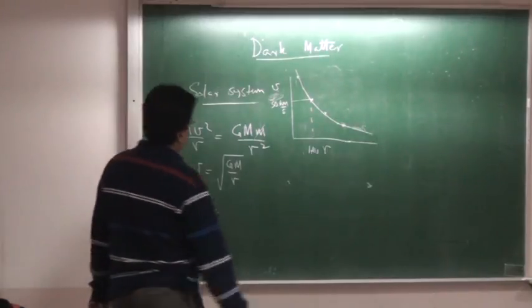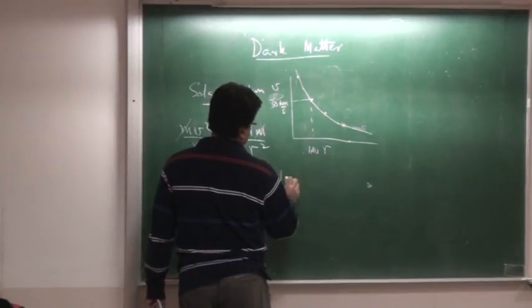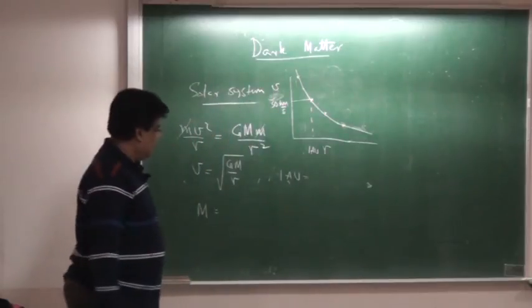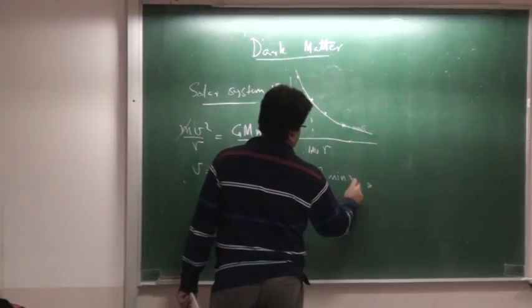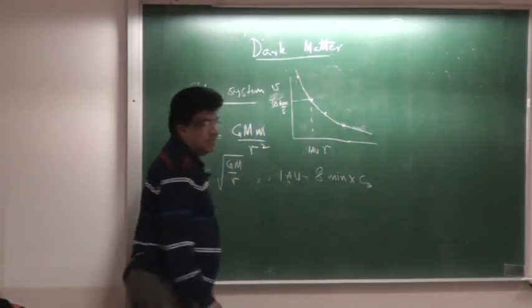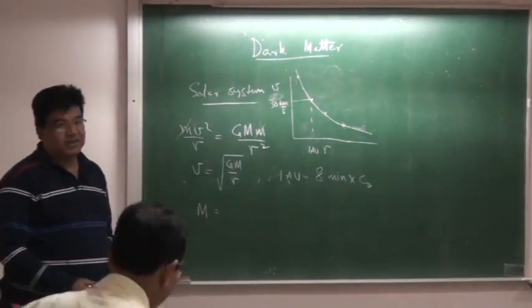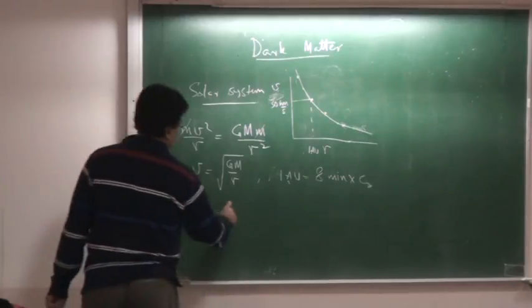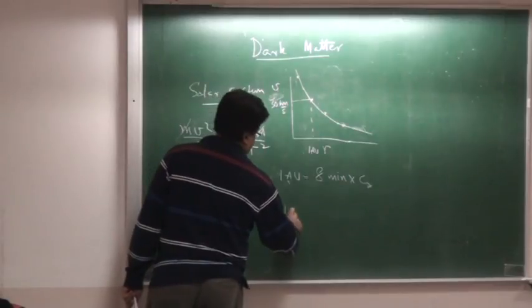And 1 AU, you can calculate it from the fact that it takes 8 minutes for light to travel from Sun to Earth. So from this information on the board, you can calculate the mass of the Sun, and the answer is 10 to the 57 GeV.